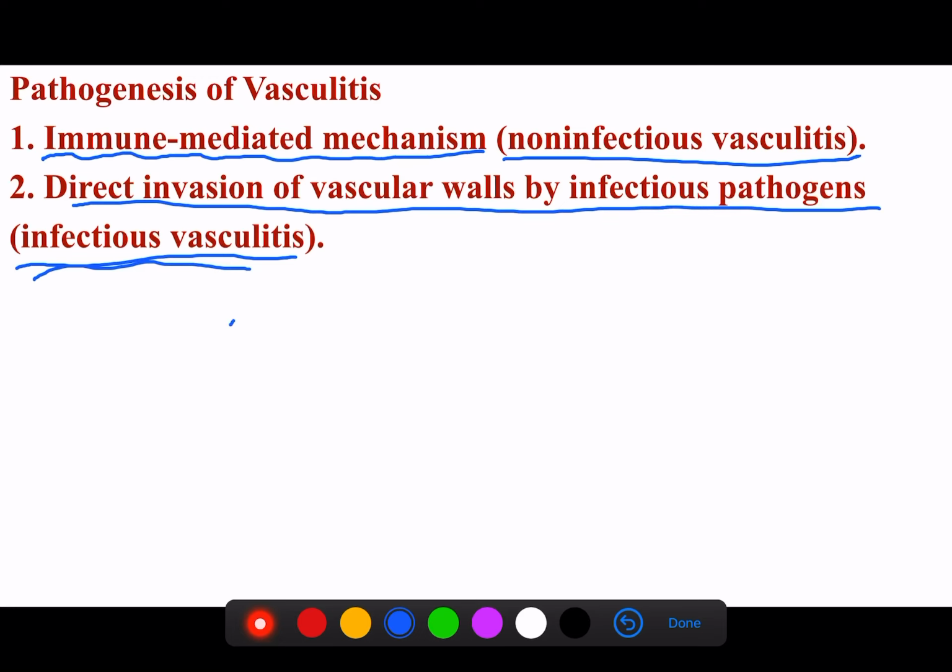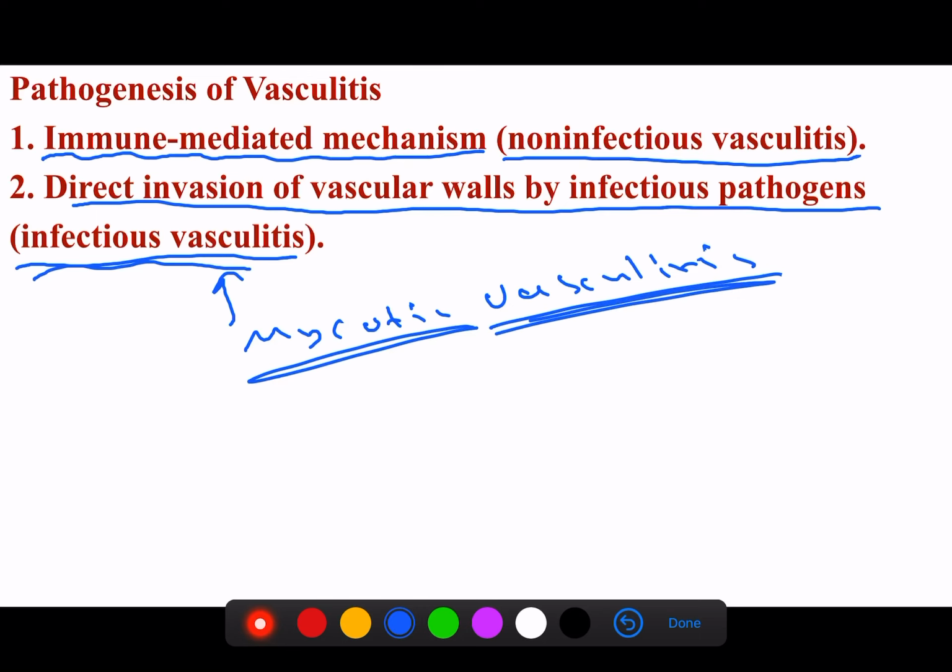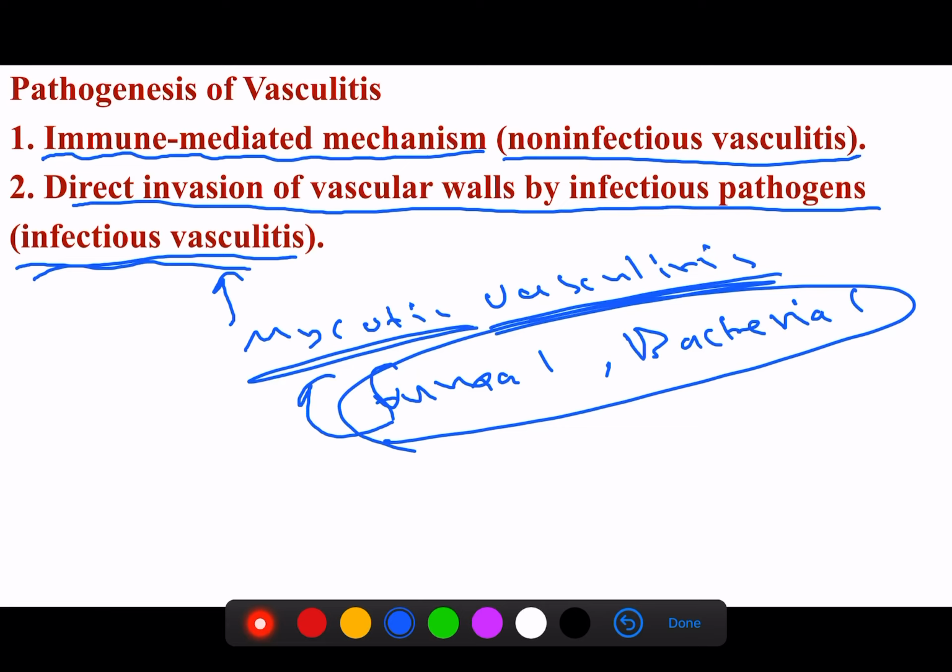The infectious vasculitis may be mycotic, which here means bacterial, not fungal. Also, it can involve fungal, such as aspergillosis, and also bacterial. Both of them are called mycotic vasculitis.